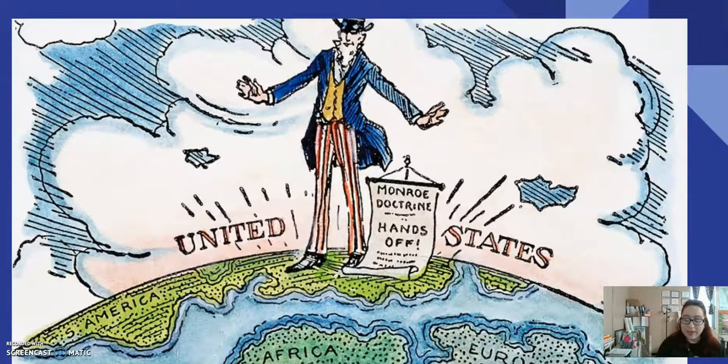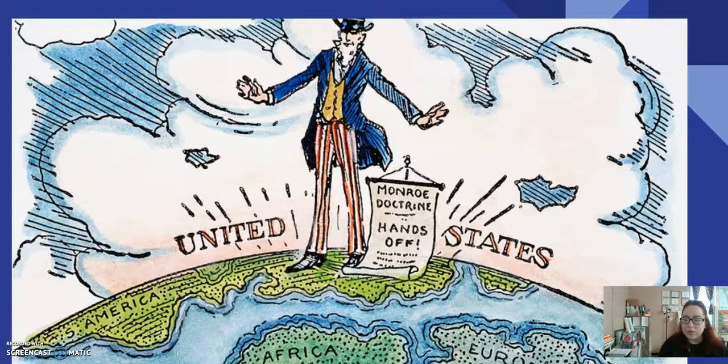James Monroe has, I don't know, let's call it a light bulb moment. And when he's giving his annual message to Congress, he includes something that becomes known as the Monroe Doctrine. Just for clarity's sake, the annual message to Congress originally was not delivered in person. Monroe would have written this, and it would have been read aloud by someone else in Congress.